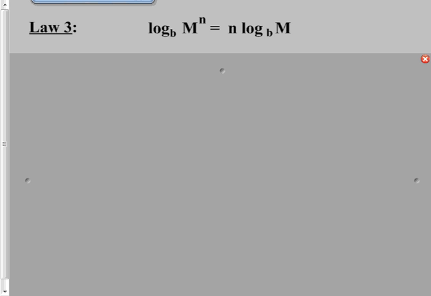Okay, one more law, and this is the one that we should be familiar with. We use this law to help us out with the exponential function, and this one says if you have log base b of m to the n, that you may bring the exponent out in front of the log as a coefficient, and then your argument m would no longer have any other exponent than just a 1.